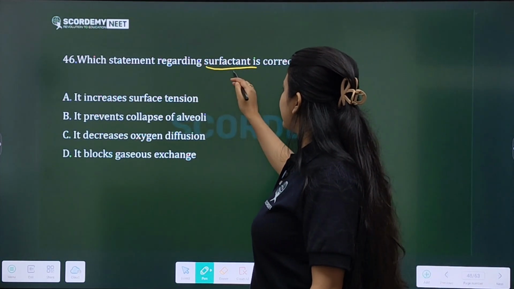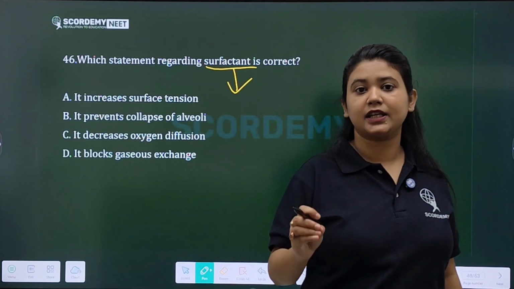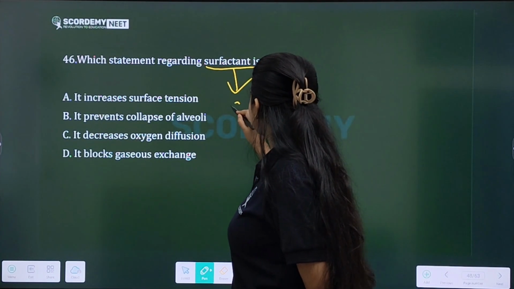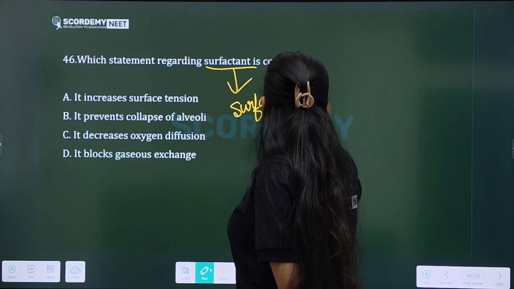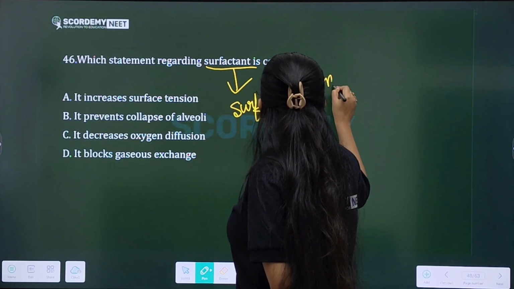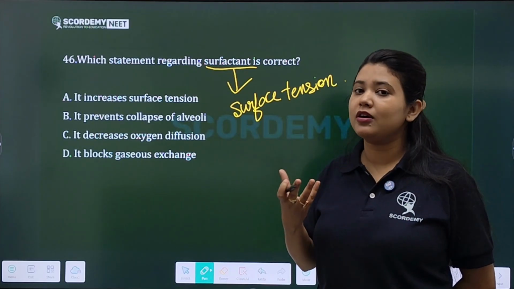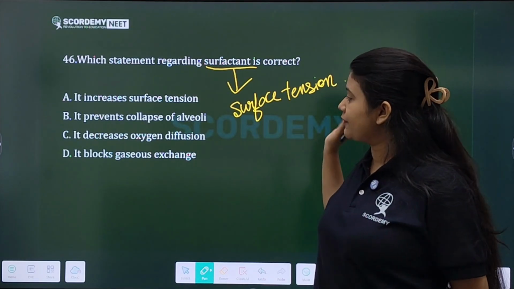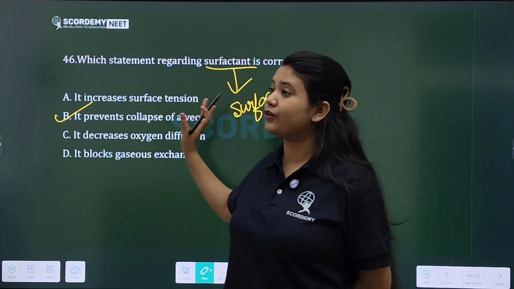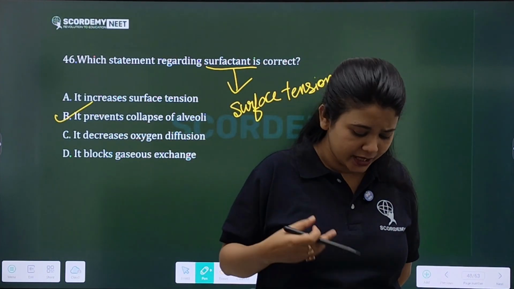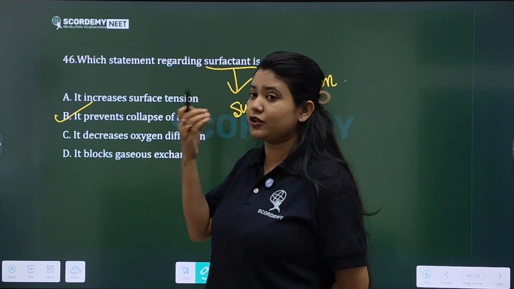What is the function of surfactant? The main function of surfactant is to reduce your surface tension, okay? If surface tension is reduced, it will prevent the collapse of alveoli, because we know that alveolar walls have a very large space for the exchange of gases, right?